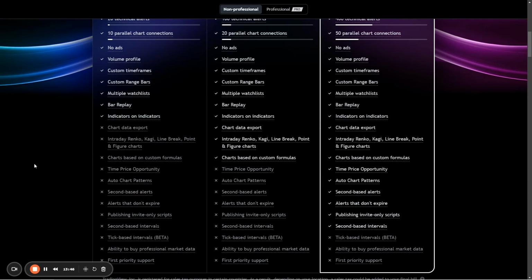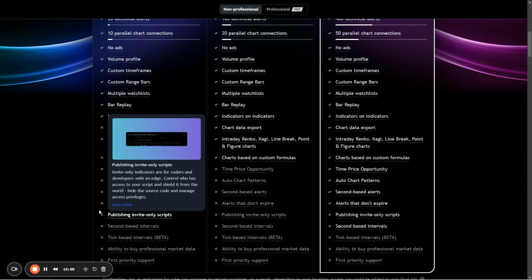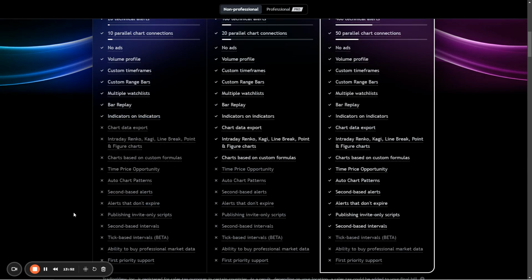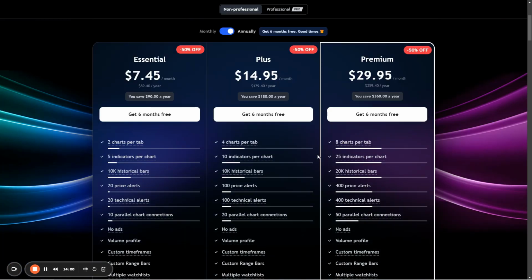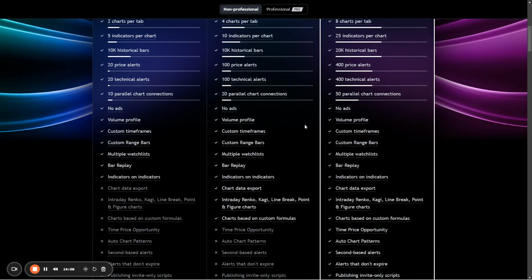Now I have to have that. Same with publishing invite-only scripts. Again, this is going to be more for if you create your own strategy. Until then, these are the only two things that have pushed me onto this premium plan. Otherwise, I probably would have stayed with Plus this entire time. If I did not have my own indicator, I have everything that I want in here.